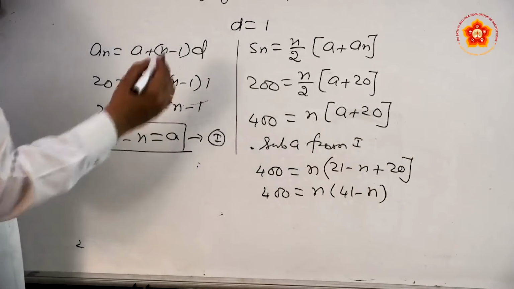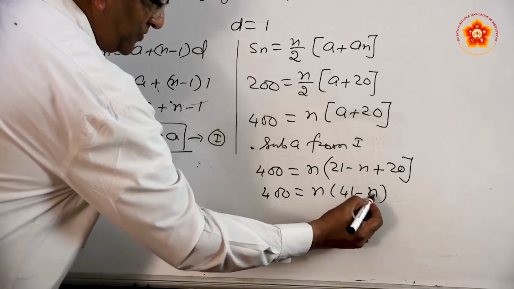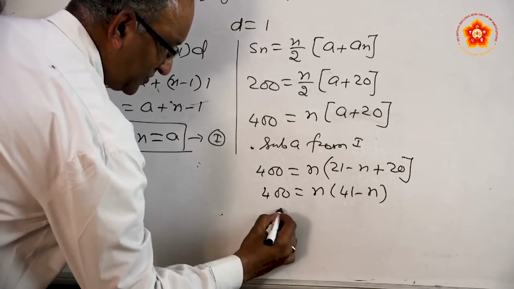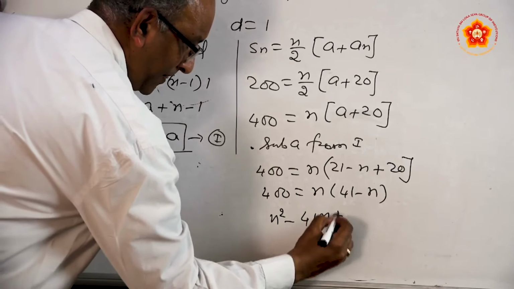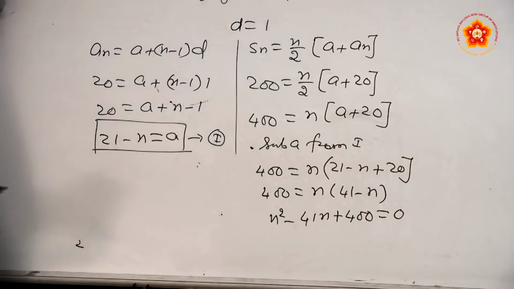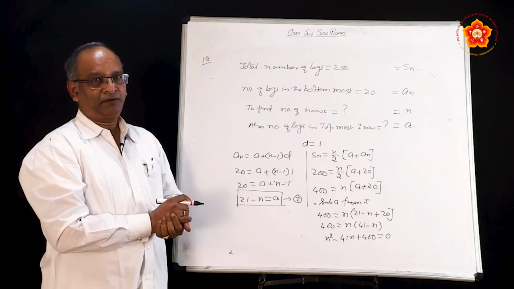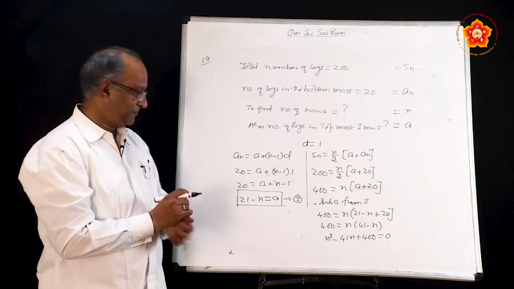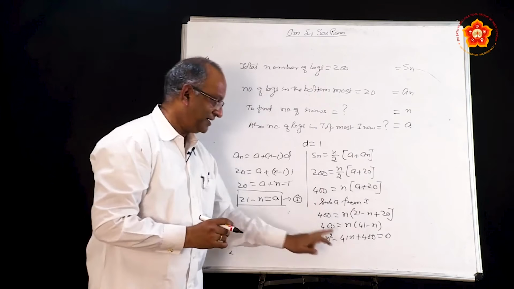Get all the terms to this side, you are going to get a quadratic equation. N into n square minus n square will become n square, 41n. Find out the factors by splitting the middle term. The product of the numbers should be 400, the sum should be equal to 41. Find out the factors.